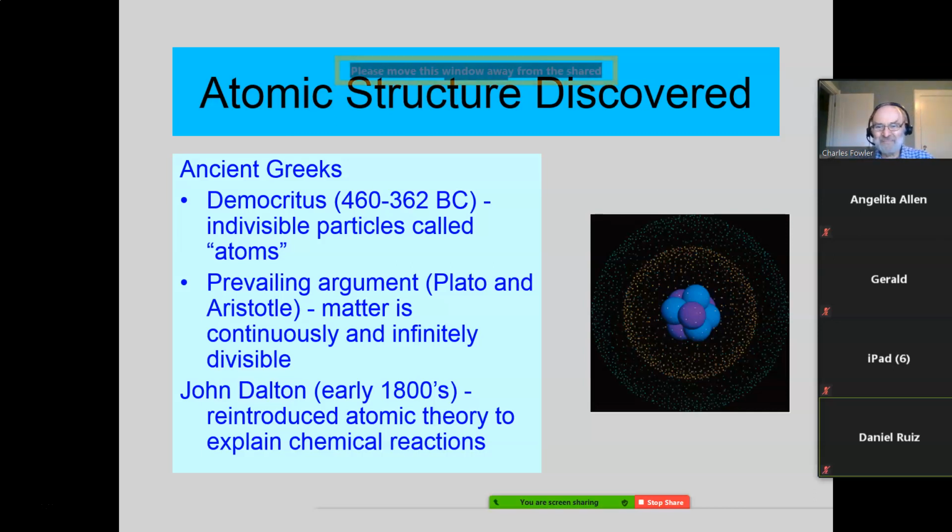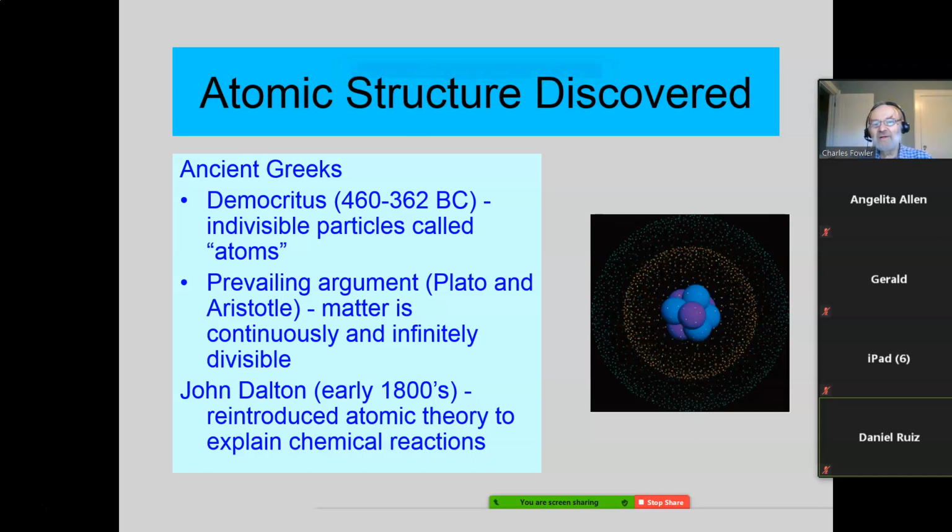Okay. All right, so that was where things were from the ancient Greeks. Then along came John. Now this was, like you see here, more than 2 millennia later. Okay, well, maybe not from Plato and Aristotle. Well, it was pretty close to that, but definitely from Democritus it was.